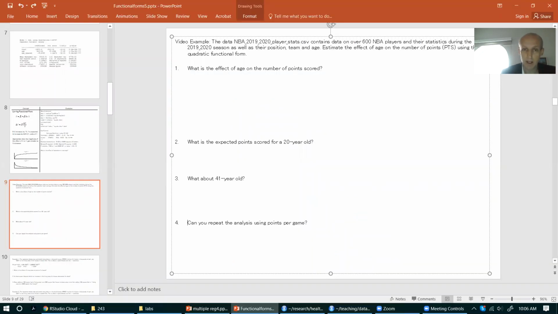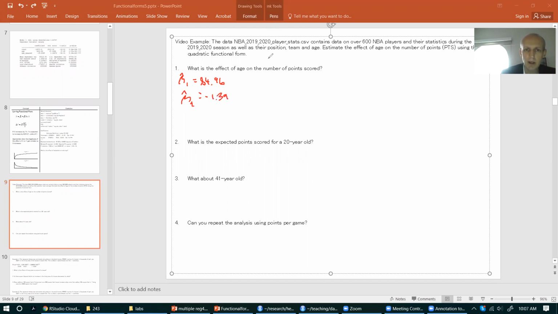So let's actually write down what we learned here. We learned that our estimate of beta 1, the coefficient on the linear term, was 84.96. The estimate on the quadratic term was negative 1.39.